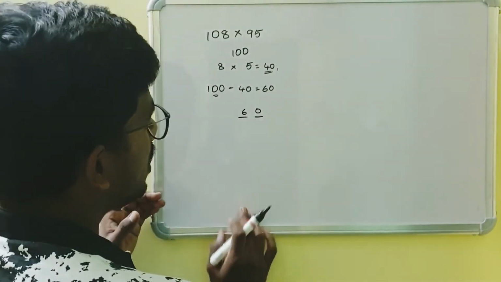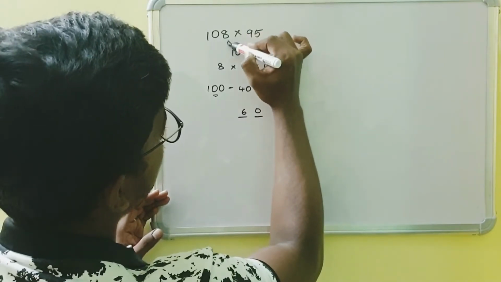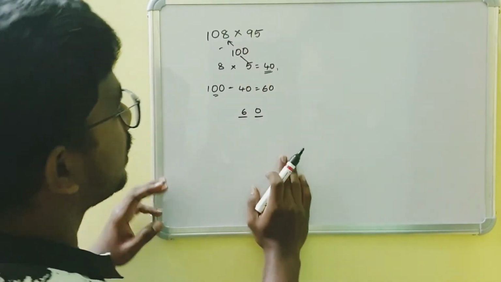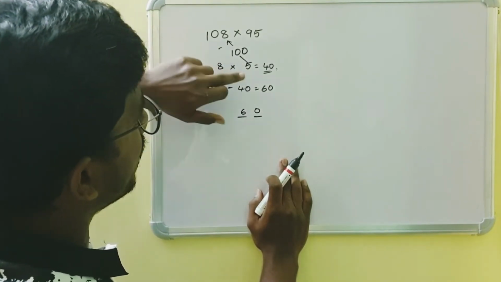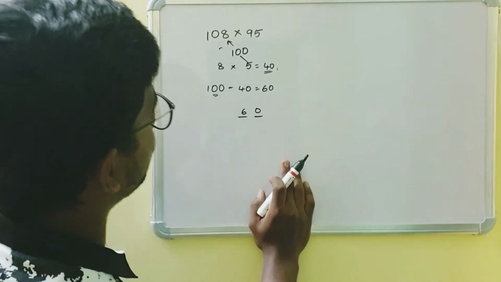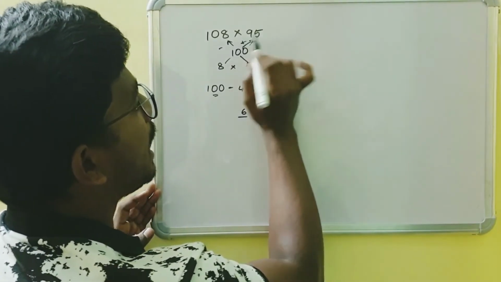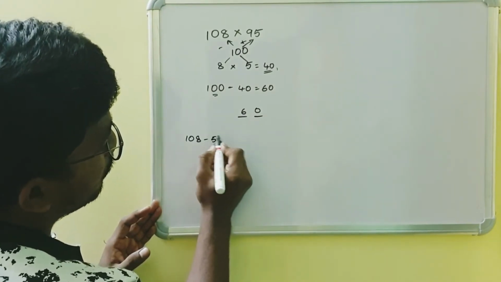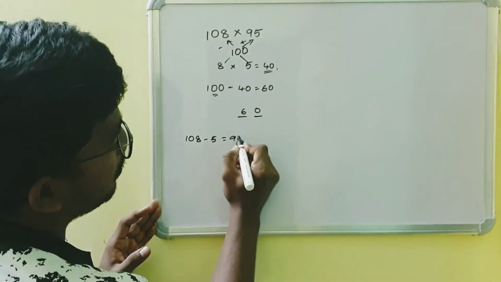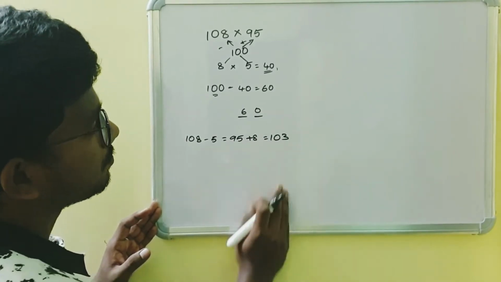Okay, after this we have to subtract the difference if the number is greater than 100. See, here taking cross, the number is greater than 100, so we are subtracting 5 from the greater number, and if the number is lesser than 100, we have to add the difference. See, 108 minus 5, which is also equal to 95 plus 8, is 103.